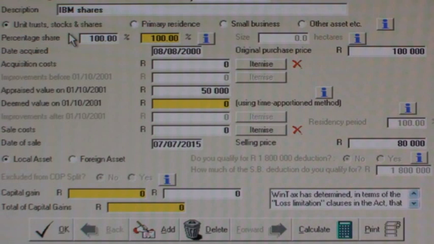According to the law, we should be liable for a capital gain amount of 30,000 rand between the base cost of 50,000 and the selling price of 80,000. This hardly seems fair, as overall we lost 20,000 rand. SARS agrees, and the loss limitation clauses in the Act say that there is no gain in a case like this. The calculator we are using caters for these laws and shows no gain.